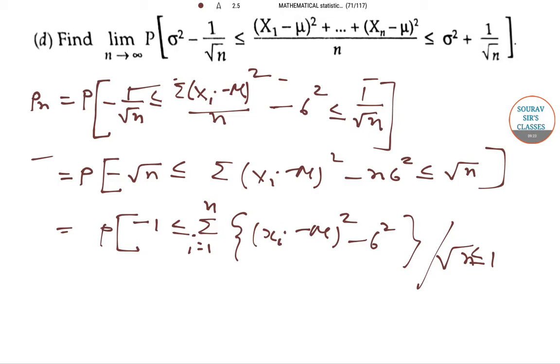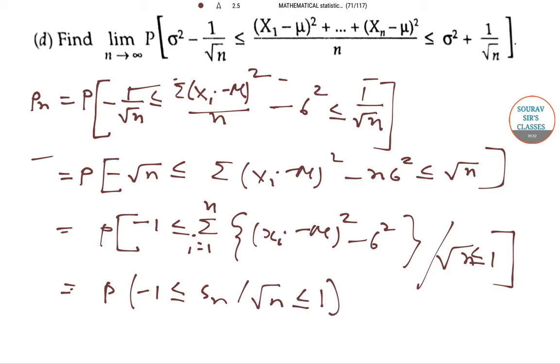So we can write it this way. Now, if you simplify it further, we get the value to be equal to P, that is probability, minus 1 less than or equal to Sn over root n, less than or equal to 1.